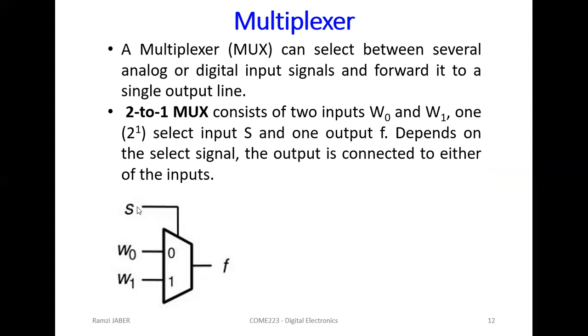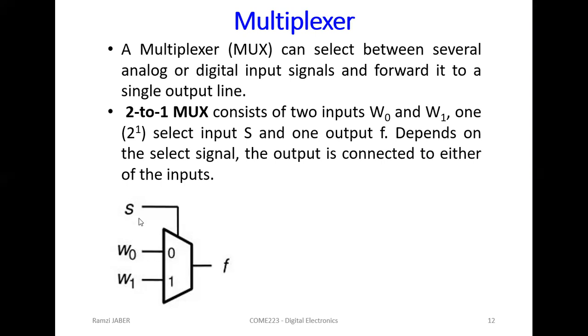Depending on S, if S equals 0, then let W0 go out to be F. Else, if S equals 1, stop this line and connect W1 to F. So we have something inside the multiplexer as a switch. If S equals 0, the internal circuit switches so W0 is connected to F. If S equals 1, the internal circuit connects W1 to F.